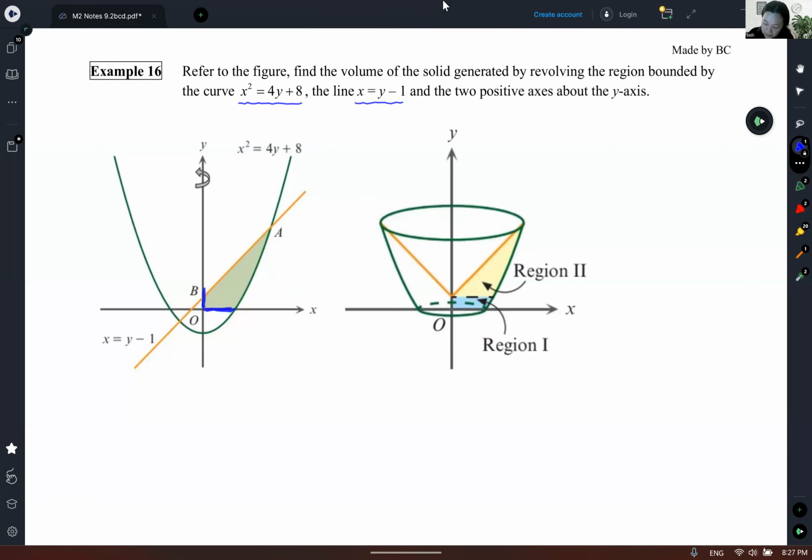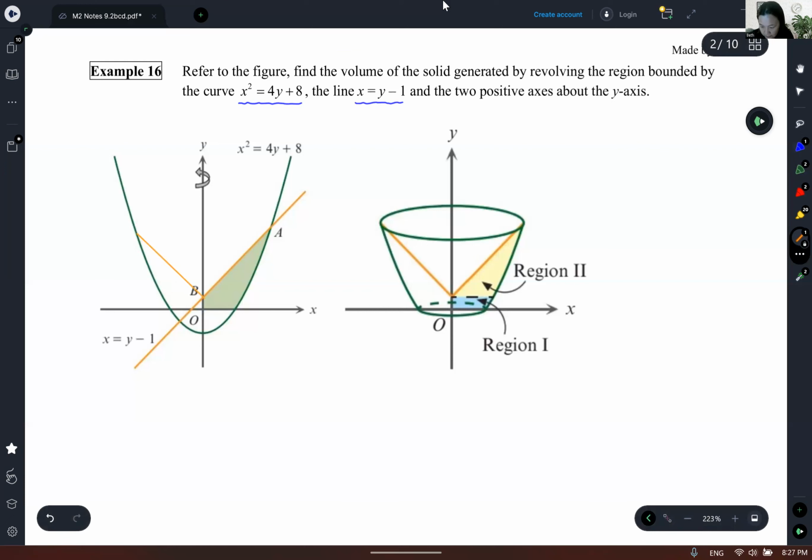And this region is revolved about the y-axis. Now imagine the shape. I'm going to draw a 2D representation first.